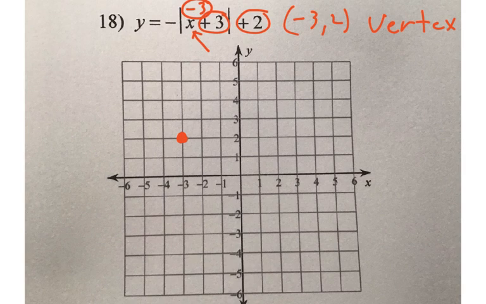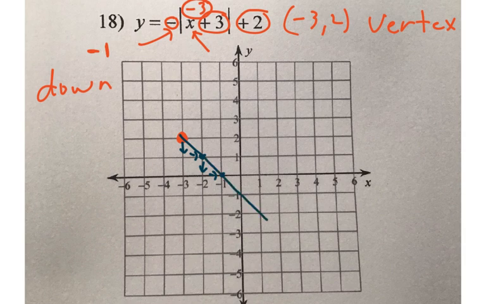Now, if you notice, in front there is a negative, or minus. A negative 1 means the graph is going down. So positive, you know it's going up. Negative, you know you're going to go down. So starting at the vertex, I'm going to go down 1 and over 1, down 1 over 1.